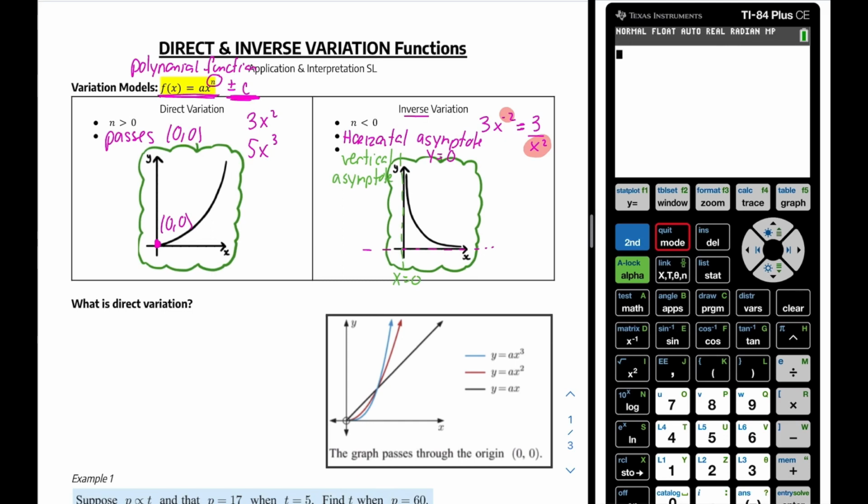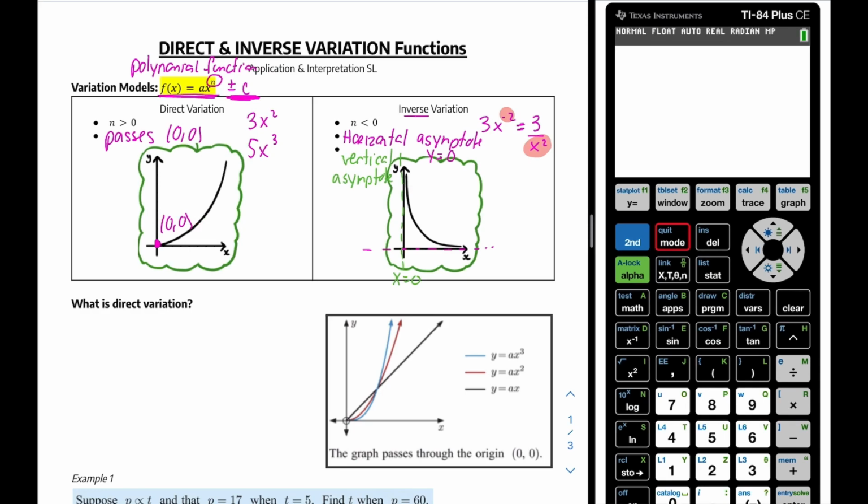So for inverse variation functions, we now have two asymptotes created. A vertical one when the denominator is equal to 0, and we also have a horizontal asymptote. And we're going to practice with these two types of functions.